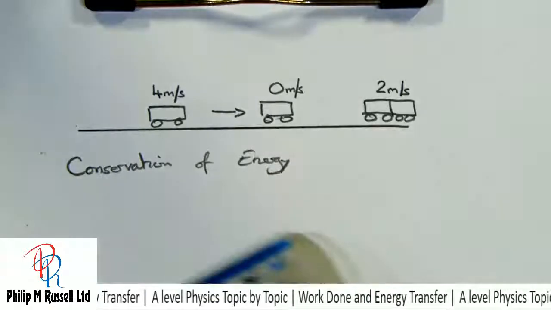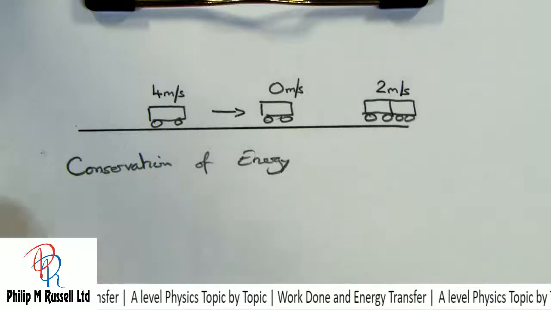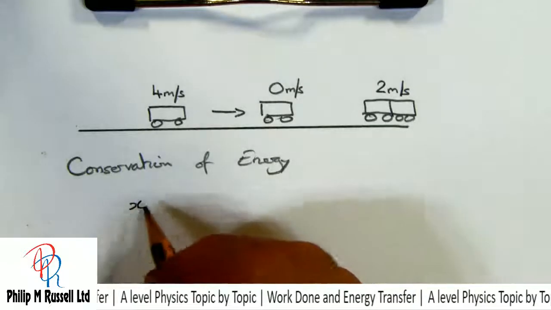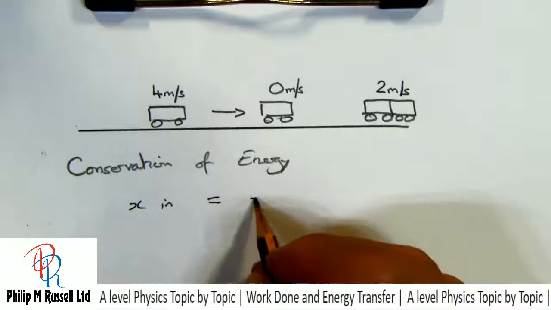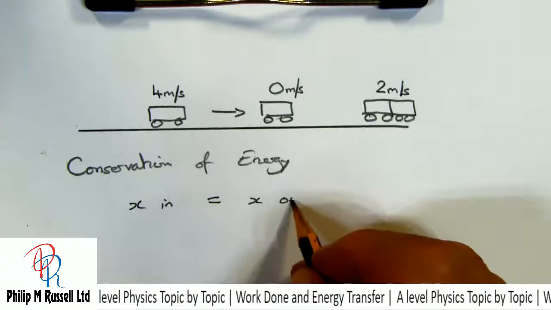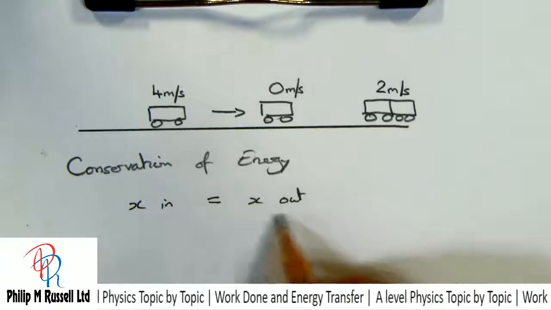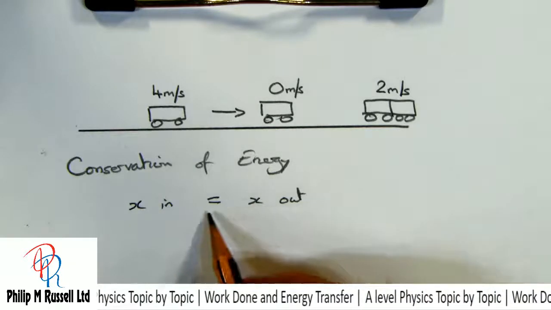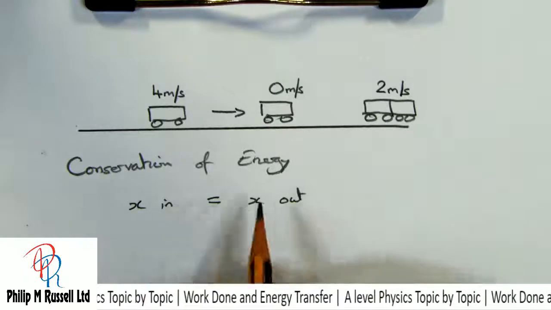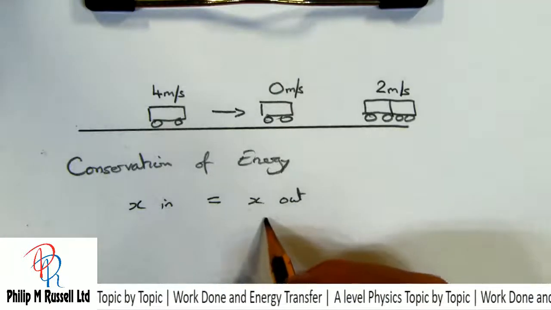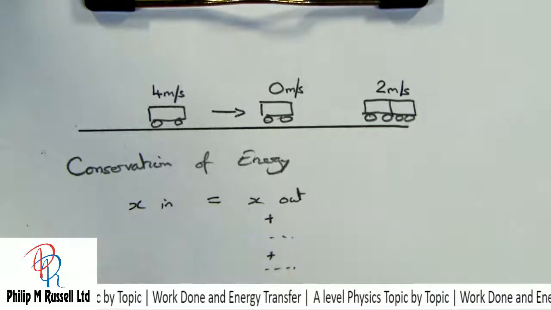Conservation of energy simply means that energy isn't going to be created or destroyed. If I put X amount of energy into a system, then I can expect to get X amount of energy out of the system. They won't necessarily be the same form, as we may find that we've converted one sort of energy to several others.